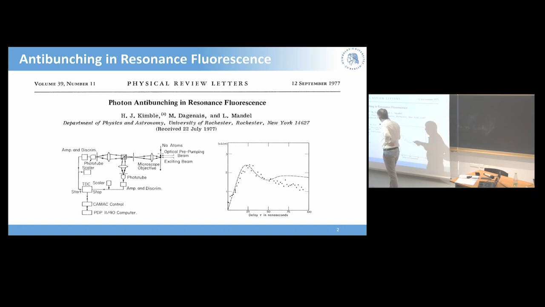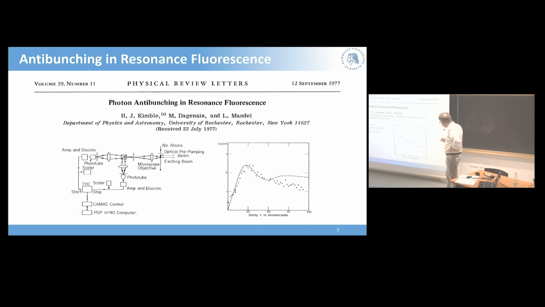So here's a beam of sodium atoms. The atoms are optically pumped. Then you have an excitation laser beam and a microscope objective that collects the fluorescence, and this fluorescence is then sent to a Hanbury Brown and Twiss setup with 2 photodetectors, and we then measure the waiting times between photon detection events.